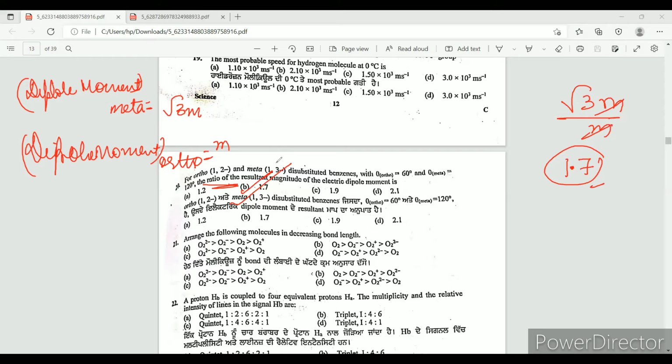Di-substitution means there is presence of 2 functional groups. They could be the same, they could be different. That is the other thing. So for ortho, it means 1-2 substitution, and for meta it means 1-3 substitution. Now moving to the next one. The next question is arrange the following.